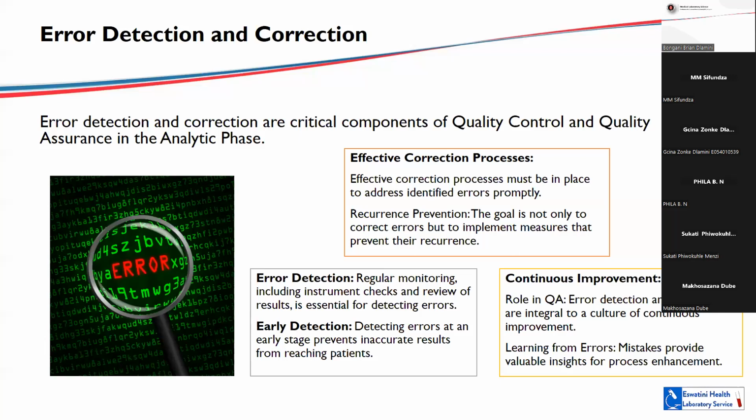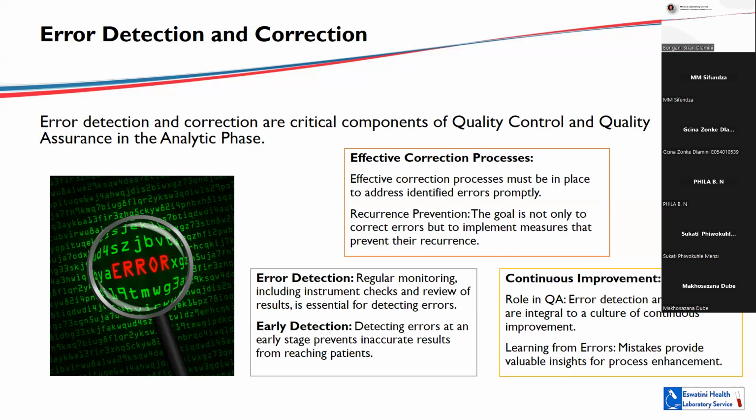And again, it helps that even our turnaround time will not be affected if we detect the errors early. Because if they are detected late, you find that now patients will have to wait whilst trying to resolve the errors and rerunning the samples. So then sometimes they may actually lose trust in us.